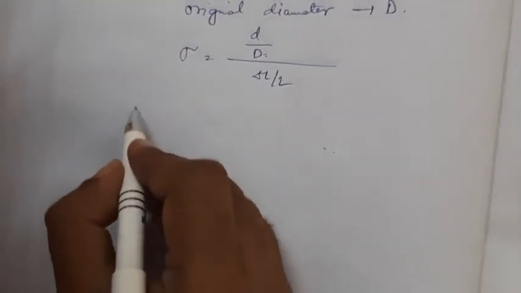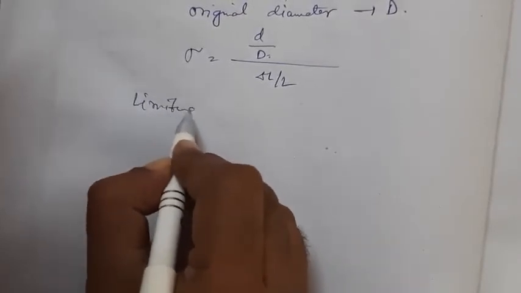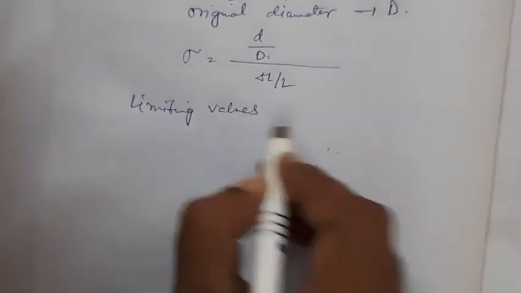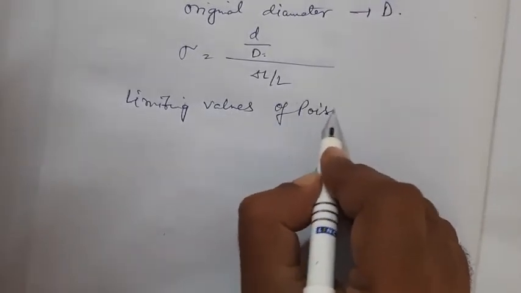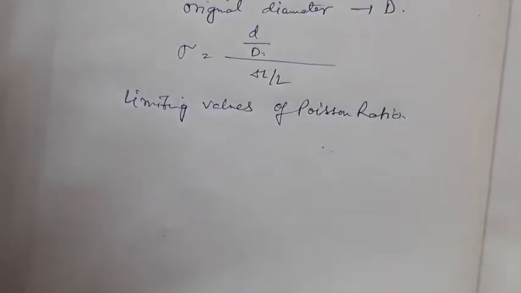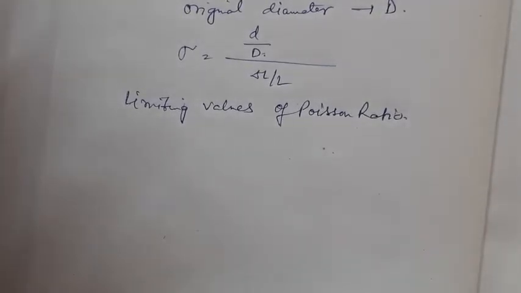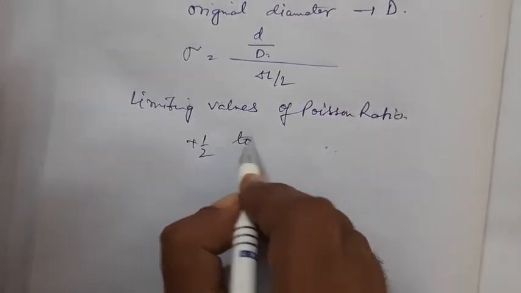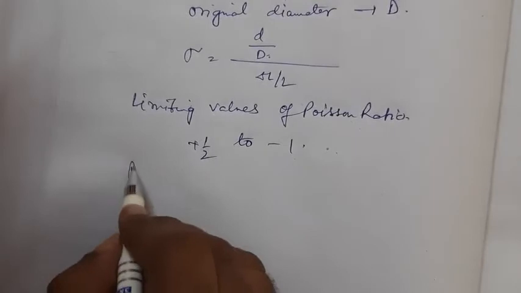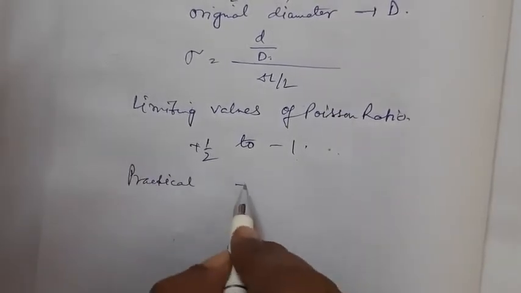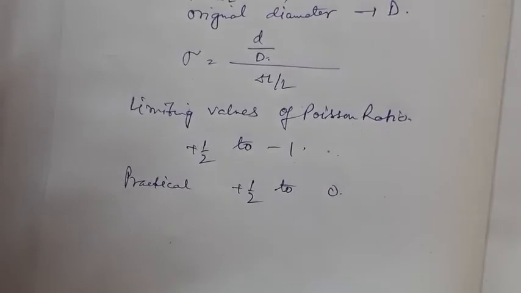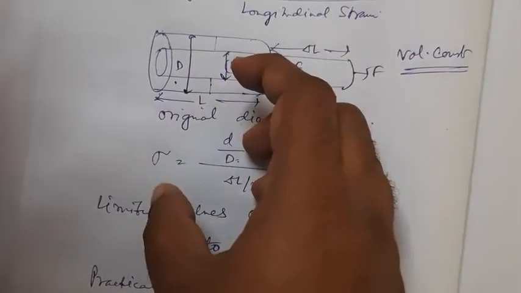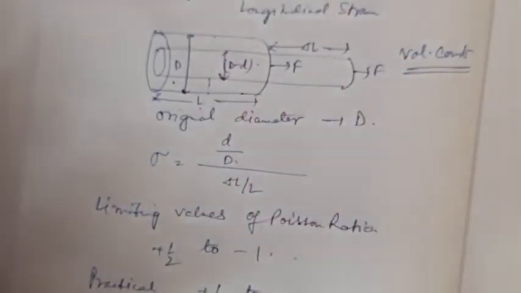You can write the limiting values of Poisson ratio. The limiting value of Poisson ratio is plus half to minus 1, but in practice plus half to 0, because the negative part does not exist, because there cannot be an increase in length as well as an increase in the diameter at the same time.